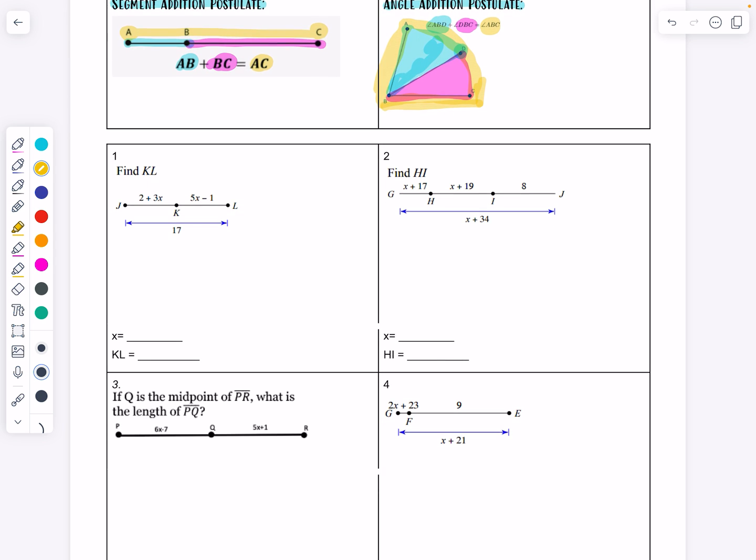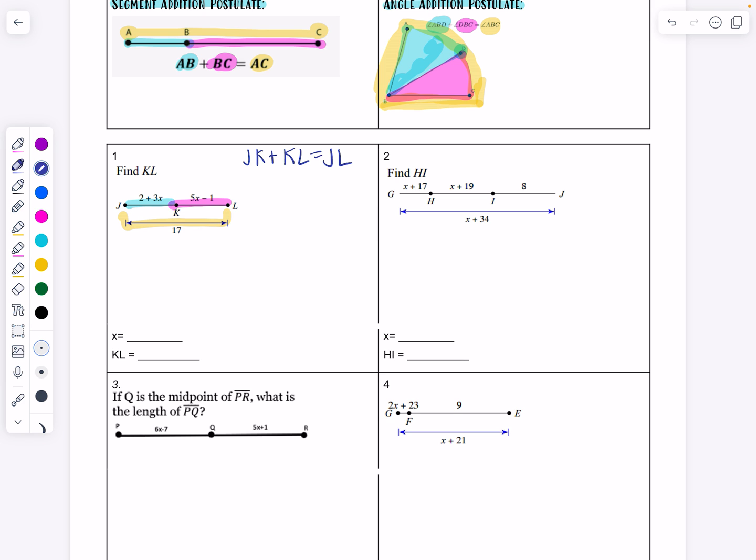All right, so we want to find KL, and in order to find KL, we need to start by finding x first. So let's color code. Blue plus pink adds up to the whole thing, which is yellow. Okay, so I'm going to write that out. If you wanted to start with the letters, it would be JK plus KL equals the whole thing, which is JL.